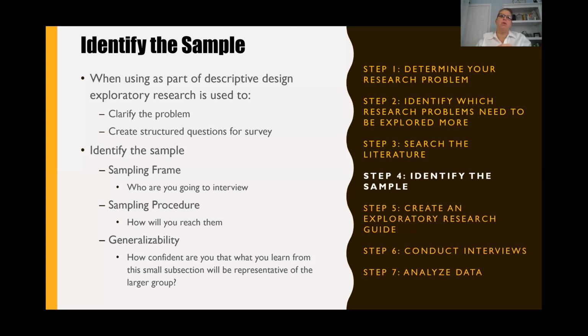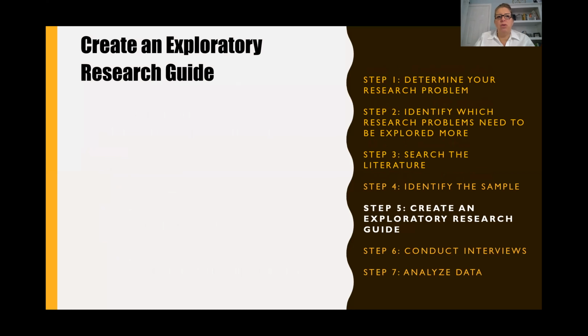Or are they someone who's more representative of that middle group, which maybe it's 4 or 5 sodas a week or 2 sodas a week, whatever that general middle ground is. So how confident are you that what you're going to learn from this small group is going to be representative of a larger part of your sample? So identifying the sample, then you can move on to creating your exploratory research guide.